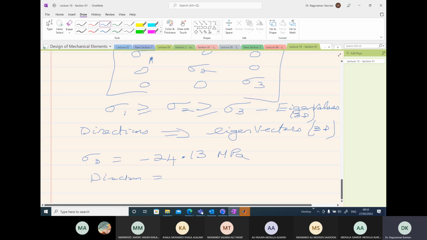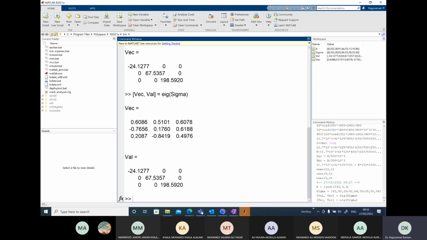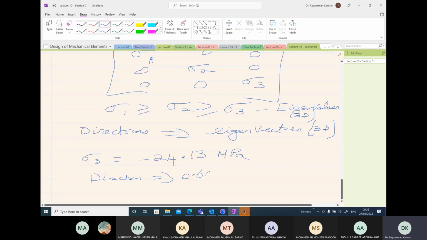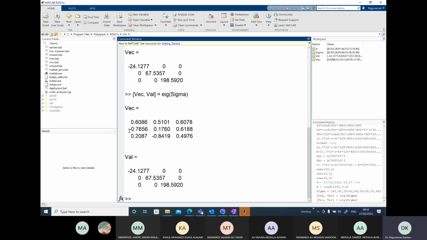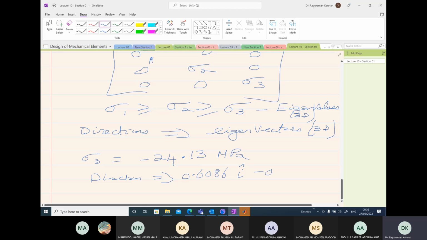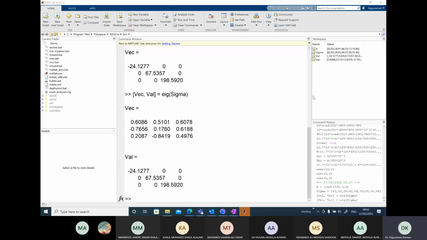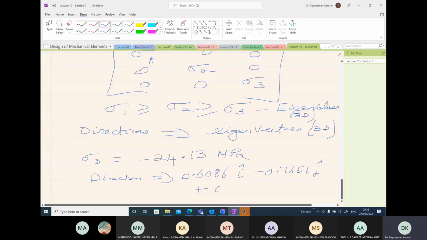The direction here will be 0.6086 I with respect to the original x-axis direction, minus 0.7656 J and 0.2087 K. So this will be the direction of the principal stress in 3D.